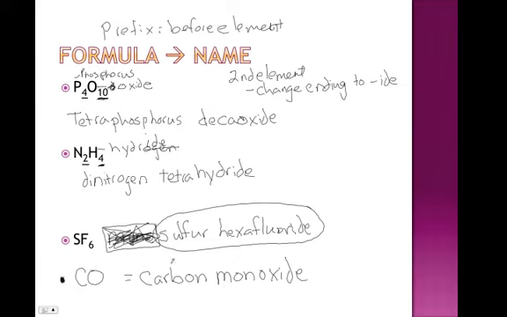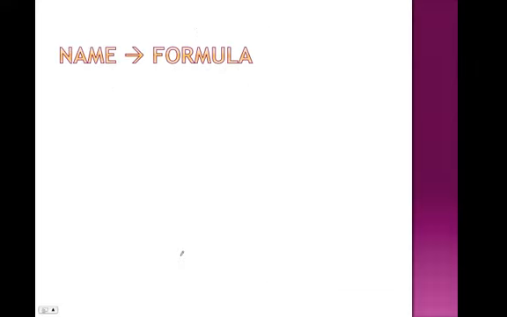Now let's move on to name to formula. So our first example, dicarbon tetrachloride. Well, our first element is carbon, and carbon is represented by the letter C. Our prefix here is di.